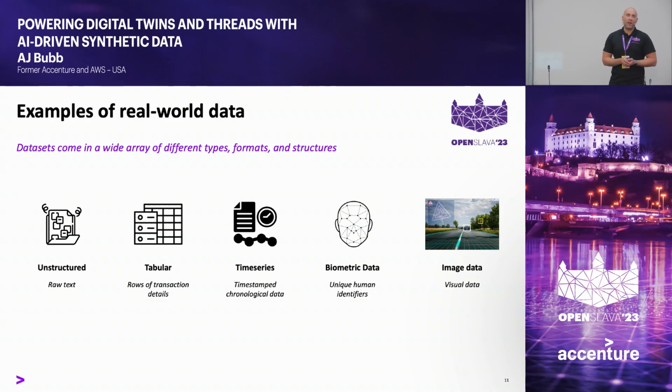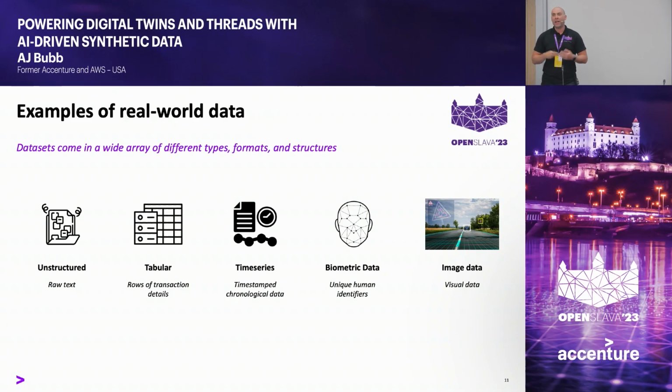So I said data a whole bunch of times, right? So what are we talking about when we think about data? Here's some examples. You have unstructured data, so raw text, articles, blogs, things that are free form. Tabular data, so tables, something that's relational, something that has multiple rows and transaction details.